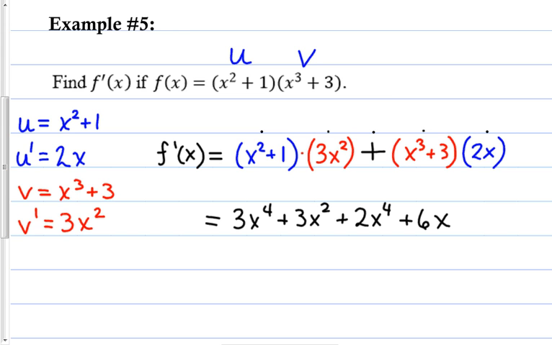So I multiplied stuff out, and this is what I got so far. And then that can be simplified because I have 3x to the fourth plus 2x to the fourth, so that's 5x to the fourth, and then plus 3x squared plus 6. And this is the most simplified I can get.